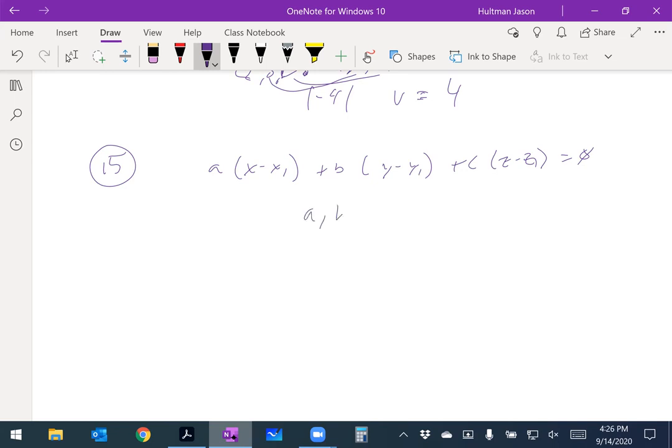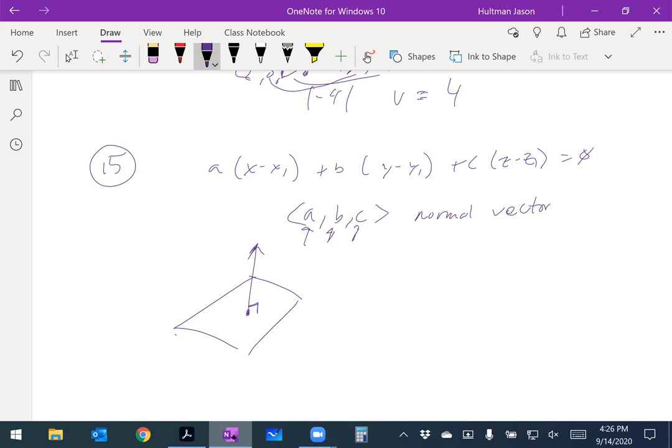Where A, B, and C are a vector orthogonal to the plane. This is my normal vector to the plane. So if we have a plane here, we're going to have some vector that's orthogonal to it, and that's going to be my ABC vector.